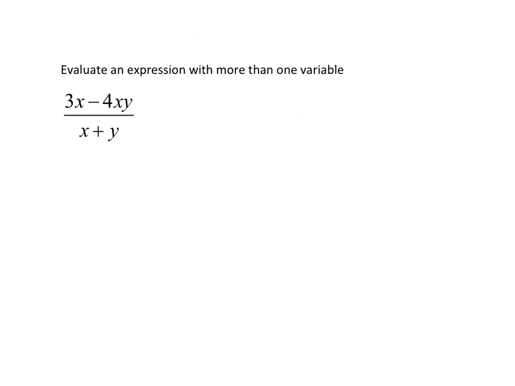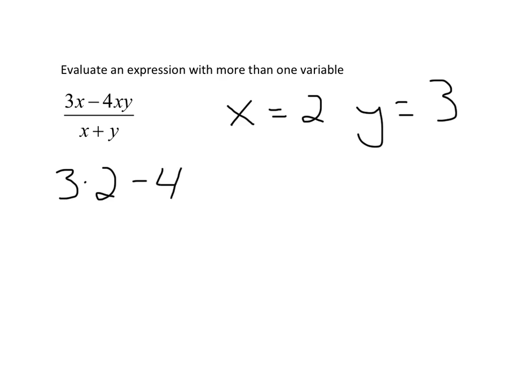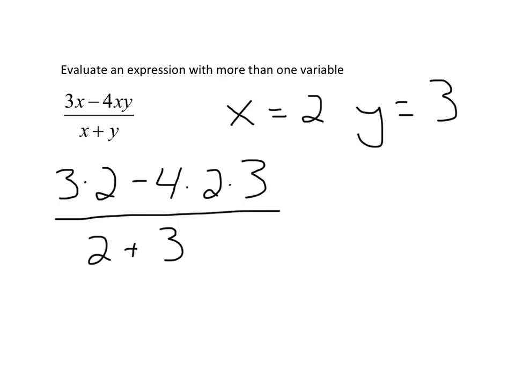Sometimes expressions will have more than one variable in them. So for this expression, I'm going to make x 2, and I'm going to make y 3, and go ahead and do the math. So I have 3 times 2 minus 4 times 2 times 3 all over 2 plus 3. The fraction bar sort of acts like parentheses in order of operations.